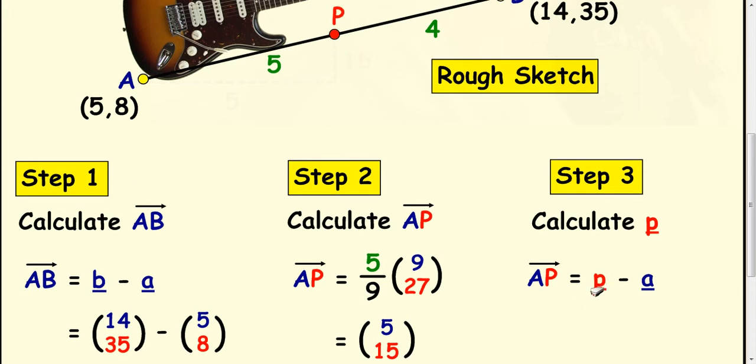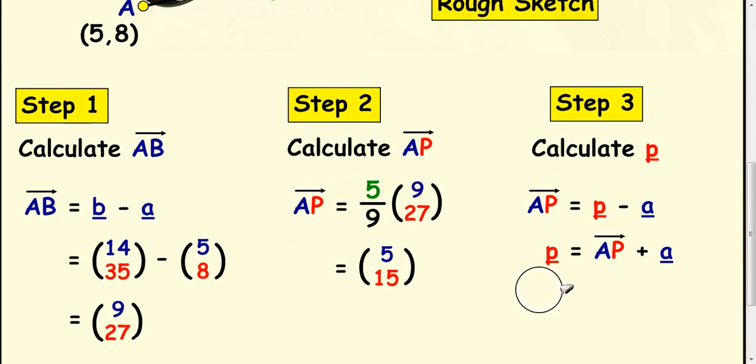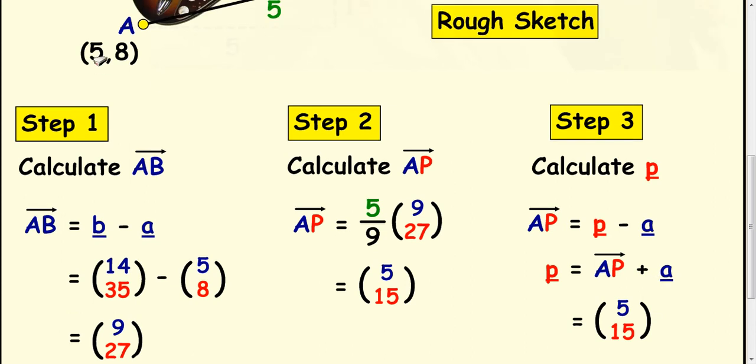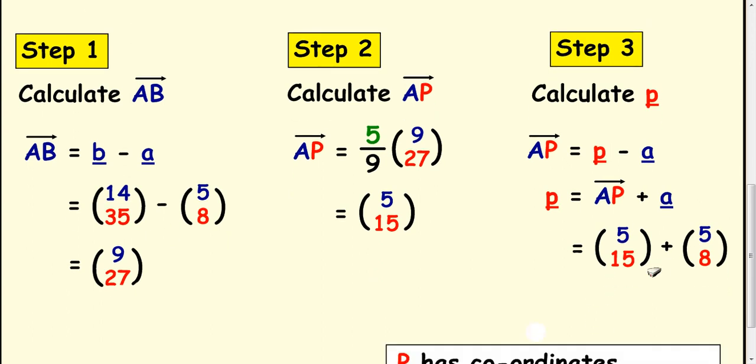Right, so P equals, now you add the A over here, so it's going to be AP plus A, just a bit of rearranging, add that over and swap this out if you like. We know that AP is (5, 15), and we know that A is the same as the coordinate, it's (5, 8). So we want to add on (5, 8). So 5 and 5 makes 10, and 15 and 8 makes 23.